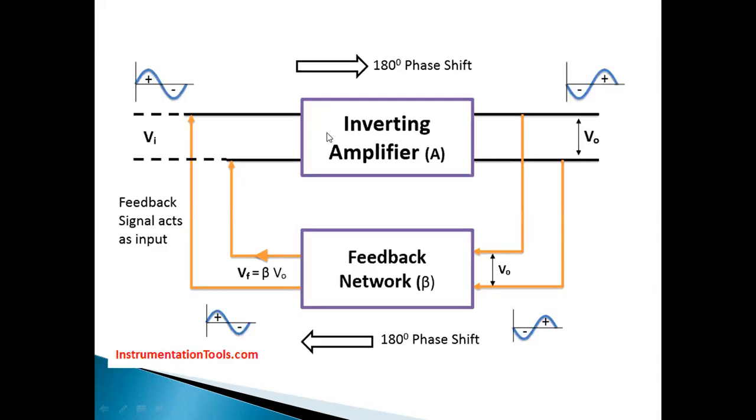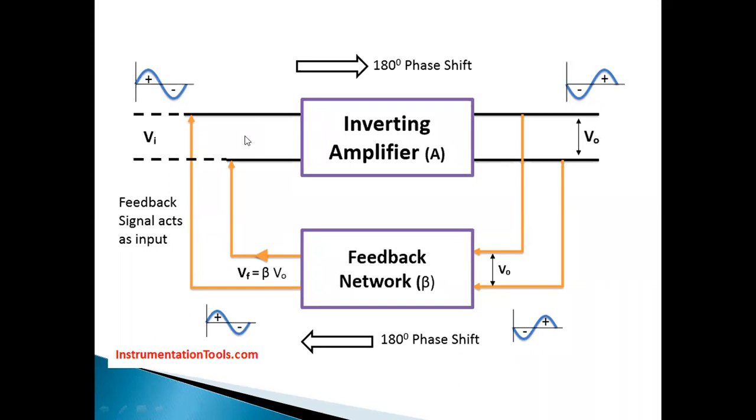This is an imaginary input, because we already know the oscillator definition: without giving any AC input signal, we get an AC output signal. Here, because of the DC voltage, how can we get this input voltage at the first condition? Here we are not applying any input. Just consider we have some input signal here.